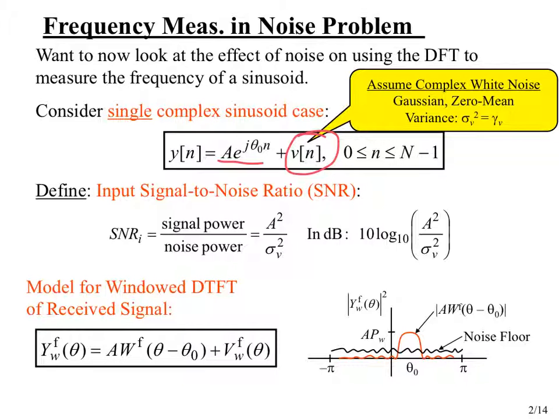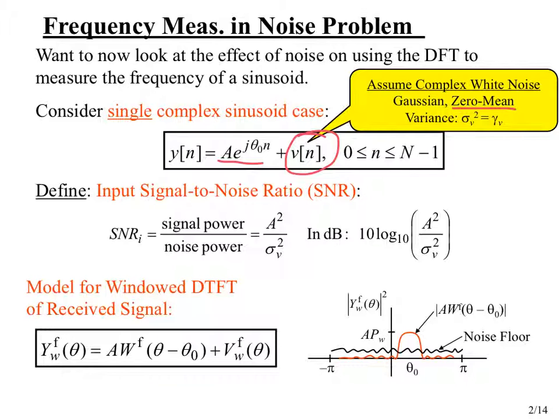We'll also assume that it's zero mean, so that if we were to average this over all the possible values, or integrate this Gaussian PDF, the mean would be equal to 0. So the Gaussian PDFs are centered at 0.